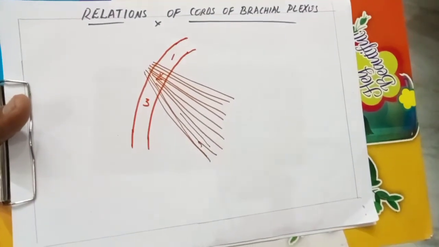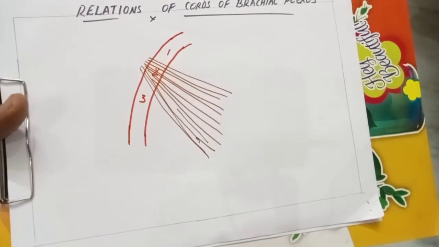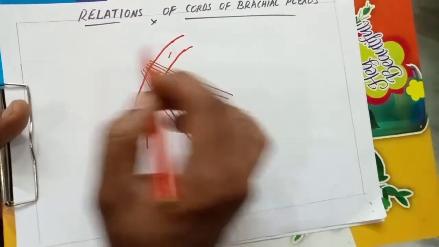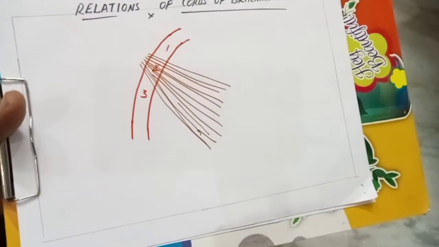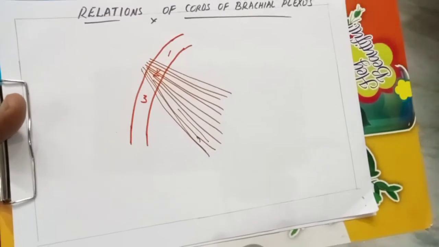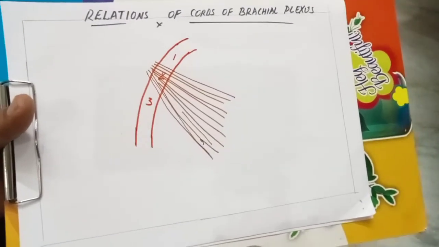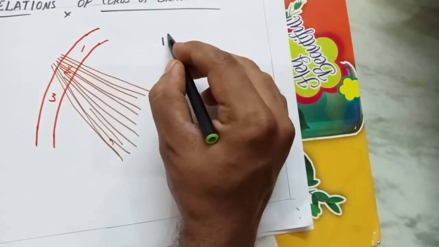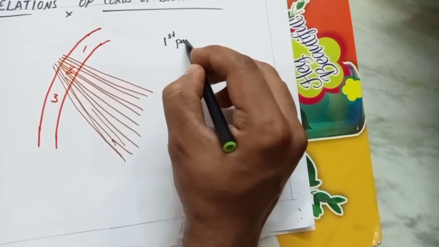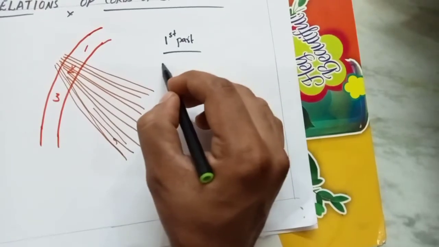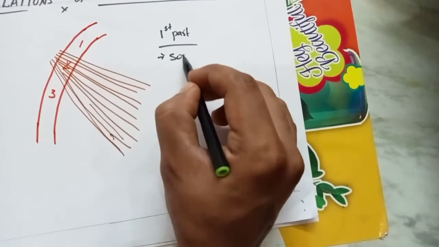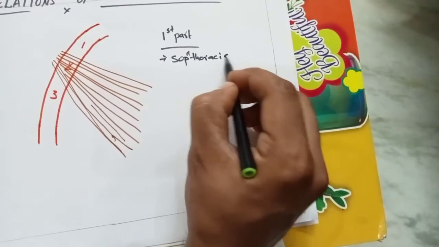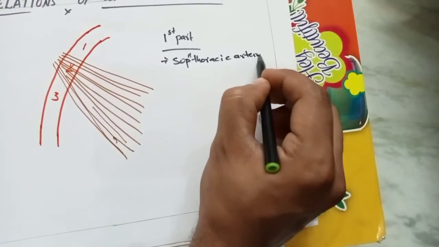Already I have discussed the branches of the axillary artery. The first part has only one branch, so from the first part, one artery, that is the superior thoracic artery.